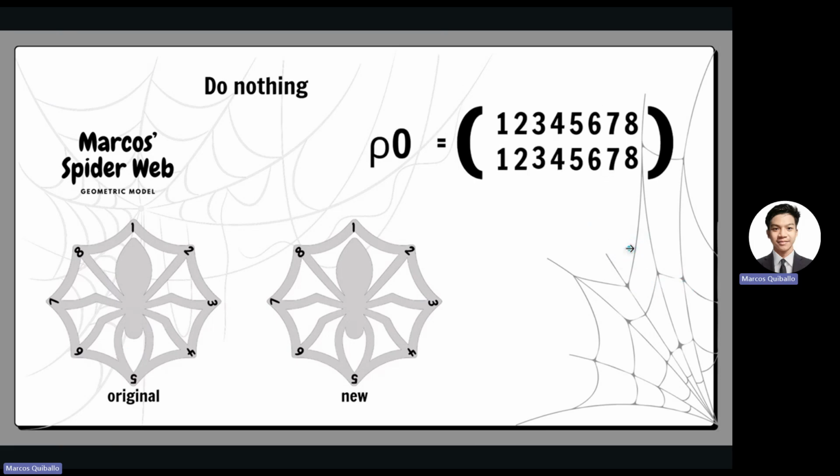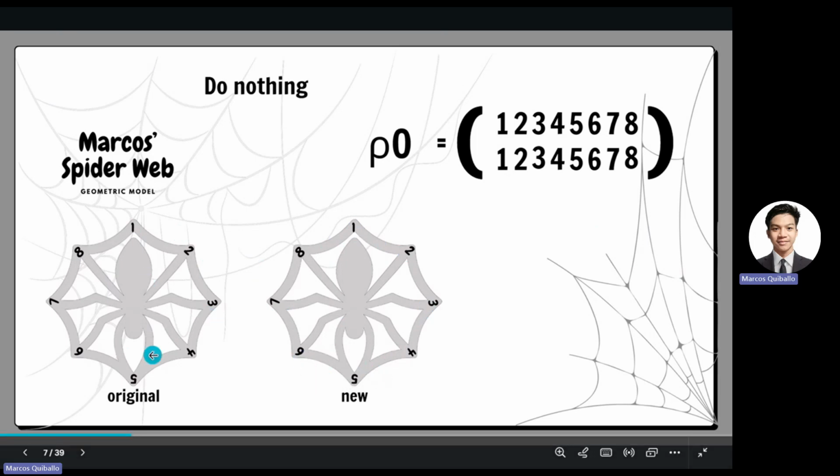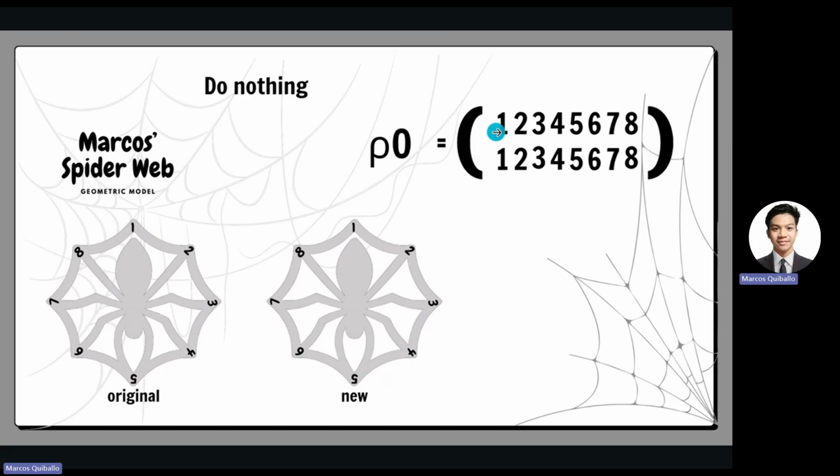So our row 0 is equal to, we will map it like 1 is to 1, and 2 is to 2, 3 is to 3, 4 is to 4. We will map new to original. So as you can see, 1 is mapped to 1, 2 mapped to 2, 3 is mapped to 3, and so forth and so on.